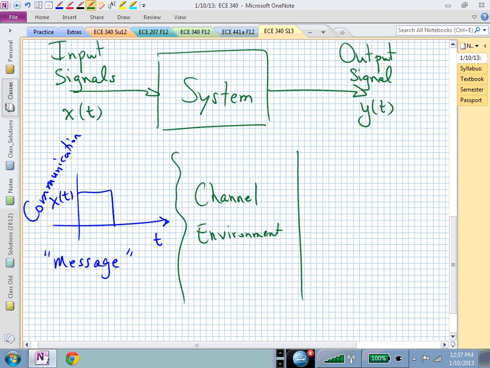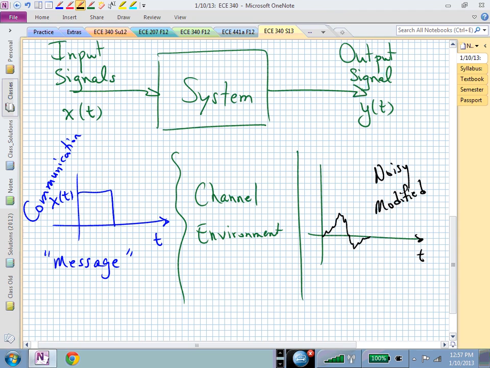And the output might then look like that. Why? Because there's noise that might contaminate that signal. If it's going a long distance, it might get attenuated quite a bit. So I'll just say it might also get modified.